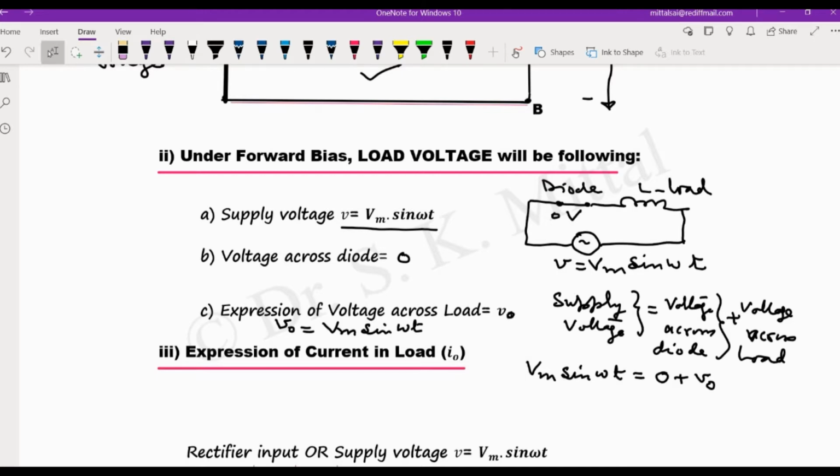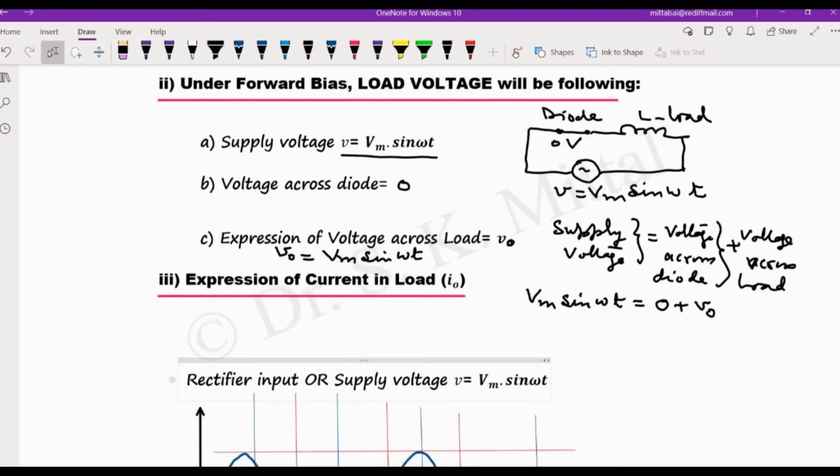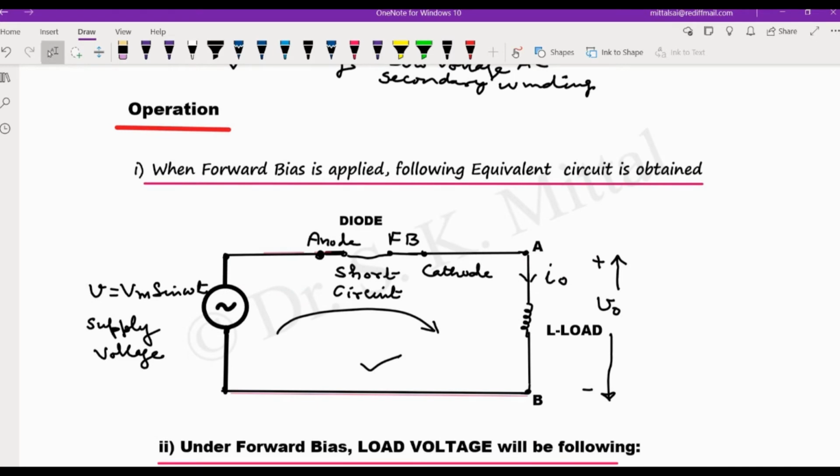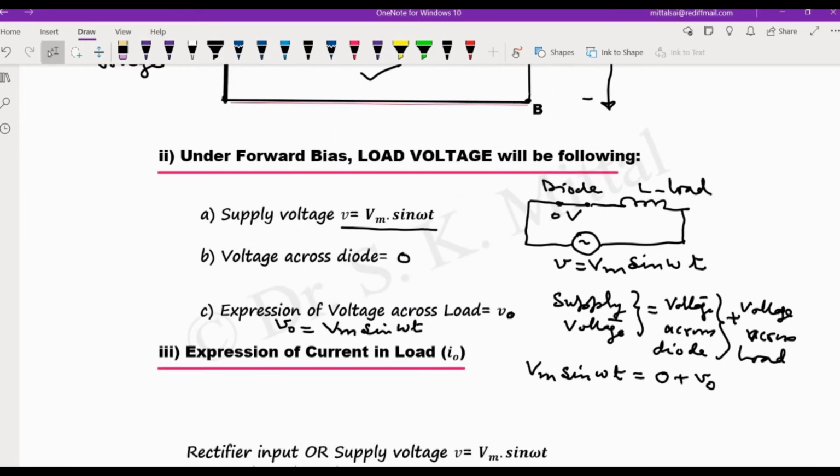On the basis of this calculation, we can draw the supply voltage which is applied to the rectifier and the output voltage. See here, what is the supply voltage? V is equal to Vm sin omega t. Whereas from the calculations, we have got output voltage V0 is equal to Vm sin omega t.